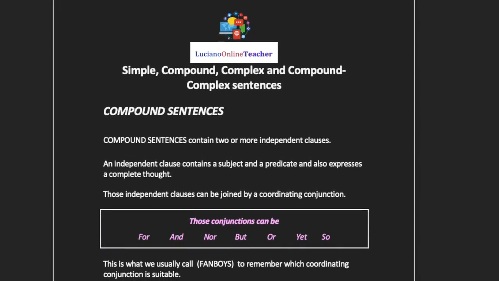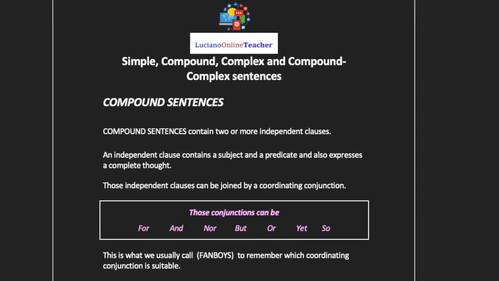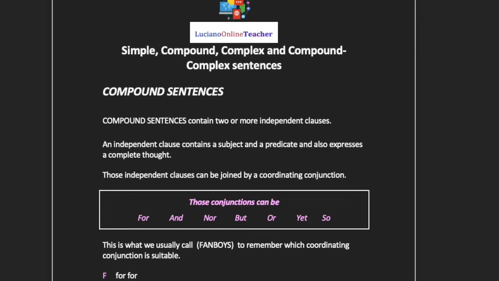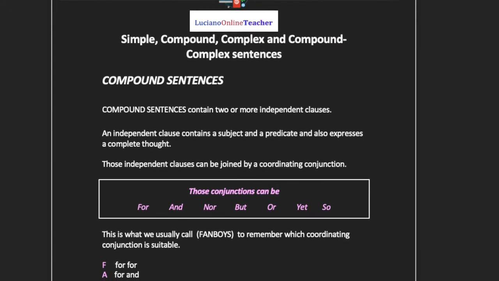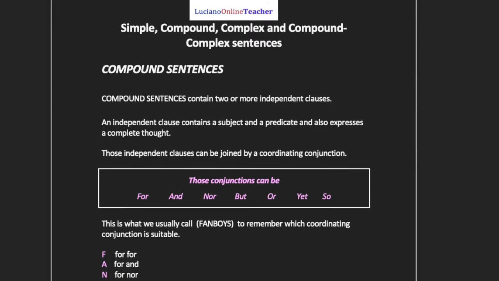So just click on that. You will be able to download it. I'm going to give you this guide with this explanation, the whole description, and then I will include some exercises for you to develop and practice.